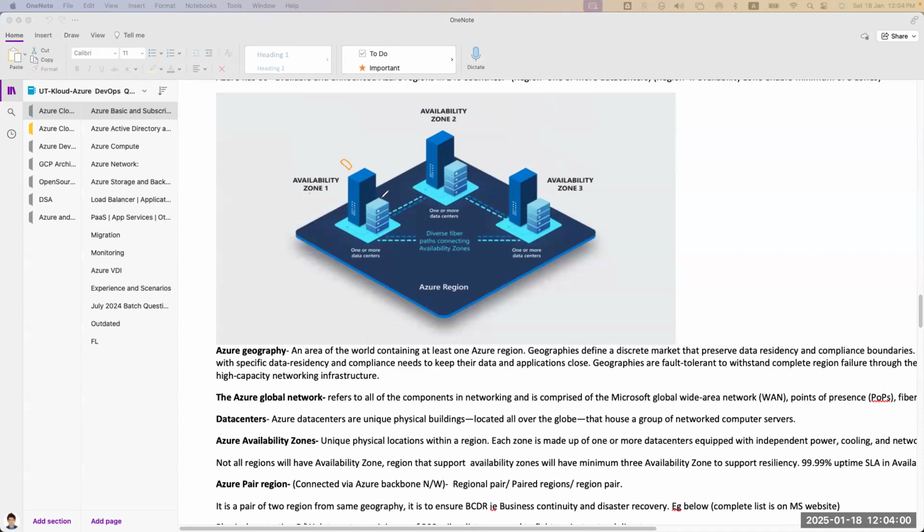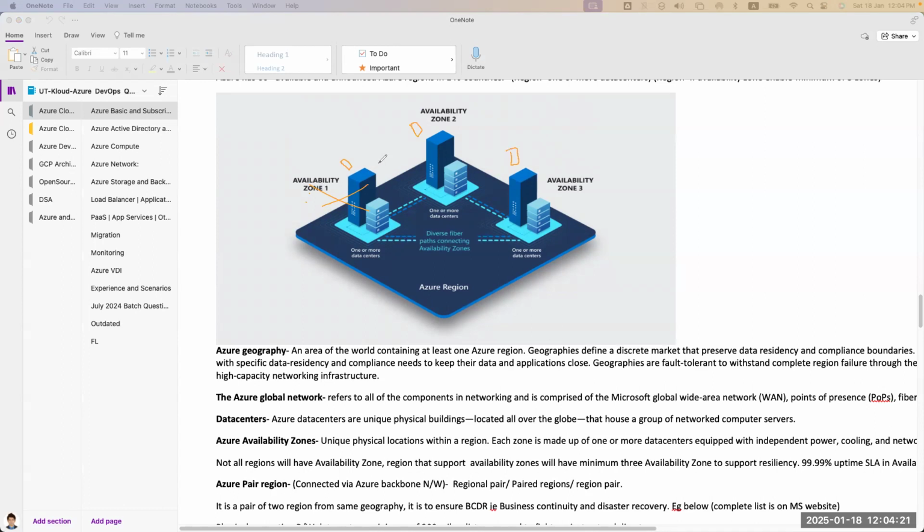So if I host all of my servers on this data center, and if something goes wrong with this data center, then my application is not working anymore, which I do not want. To avoid that, what will I do? I will host one server here, another server here, and another server here.